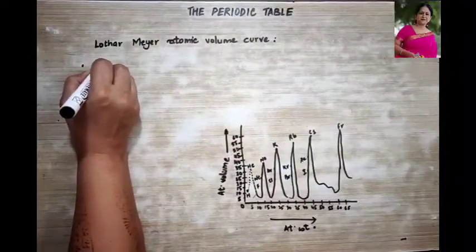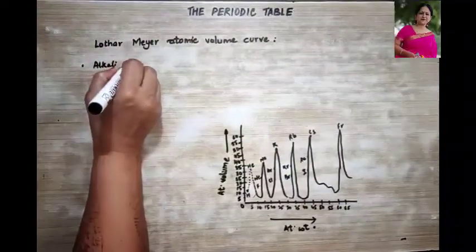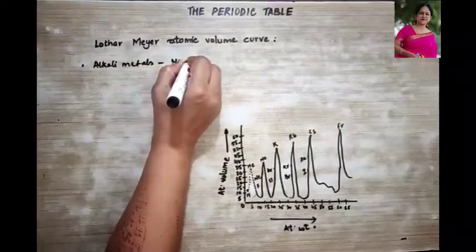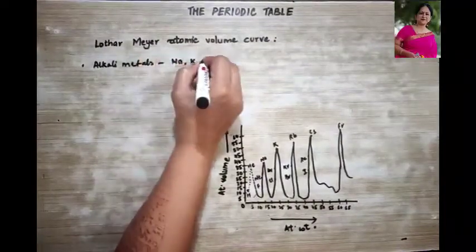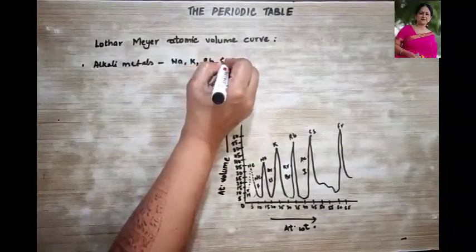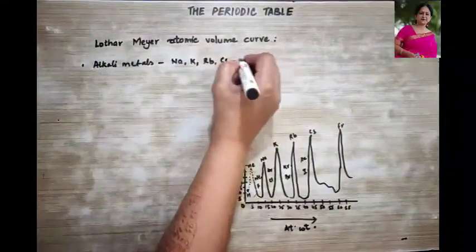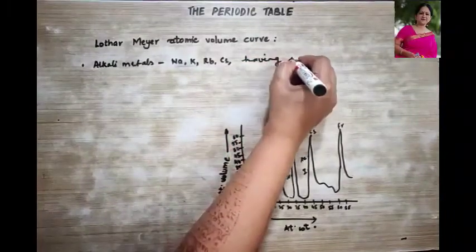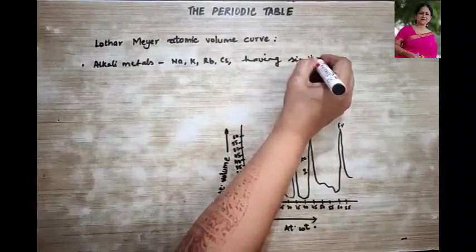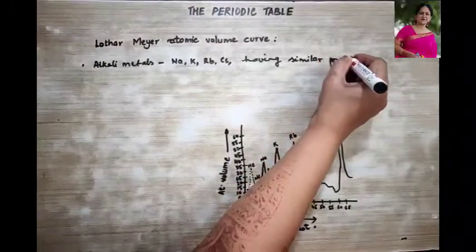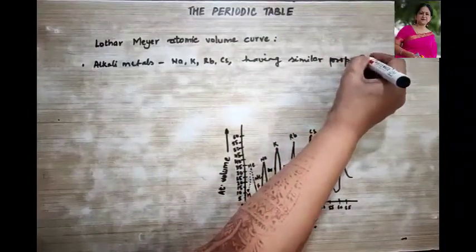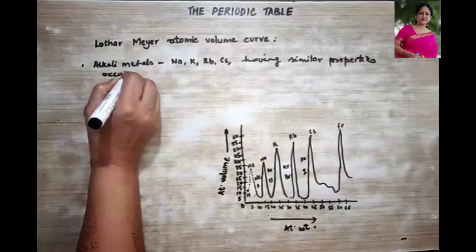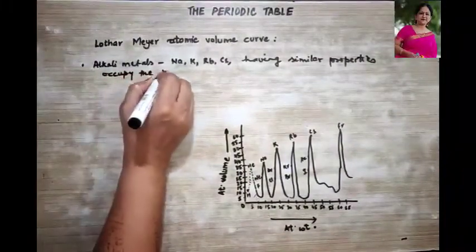That all the alkali metals, sodium, potassium, rubidium, cesium, all having similar properties, occupy the peaks.